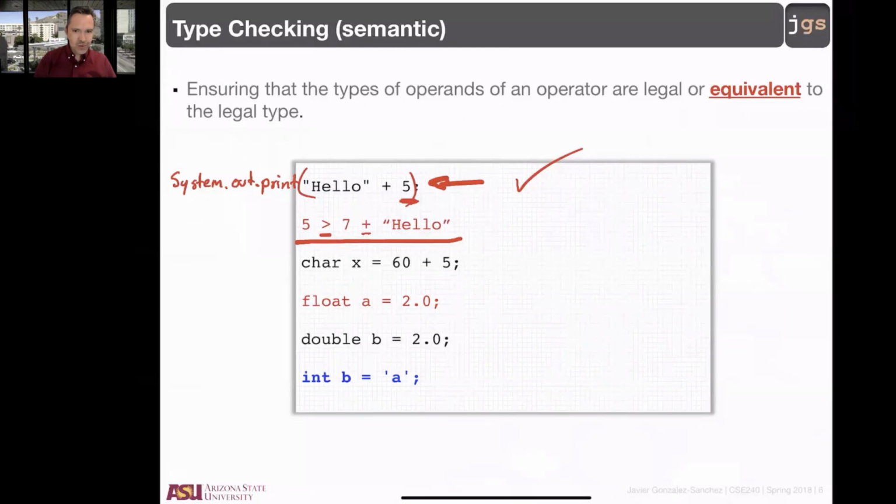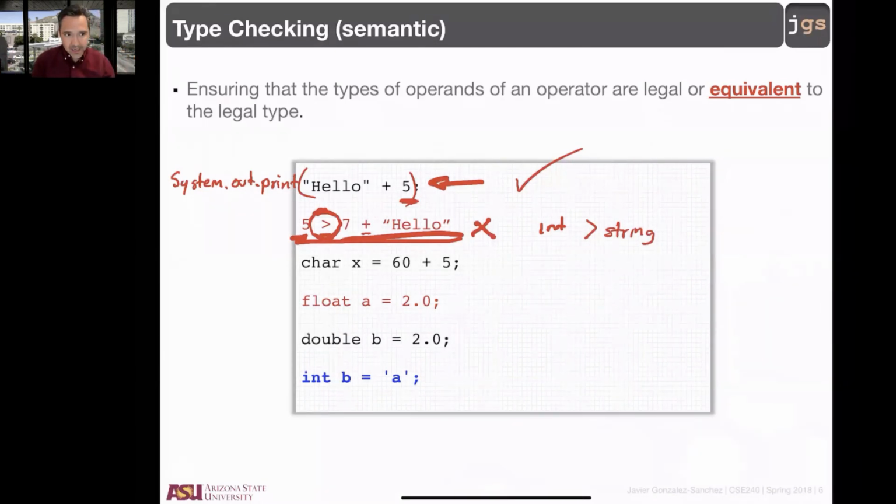The first thing that you do is 7 plus hello. The second thing that you try to do is to compare if the result of this is lower than the 5, or if the 5 is greater than the result of that. And that is something that you cannot do. There is an error here, because you are trying to compare an integer with a string.